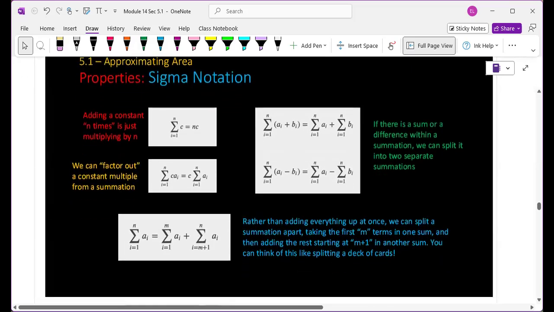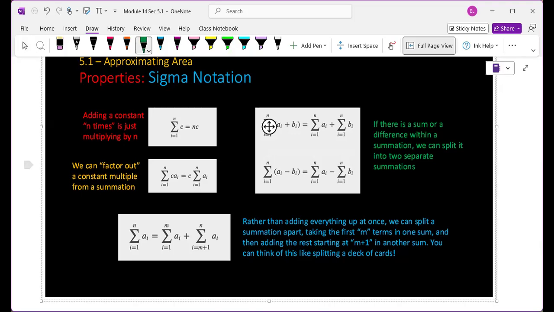All right. So sigma notation carries a lot of the same properties that we saw with derivatives. When there is a constant multiple, we can factor that out. If we are adding terms, we can split the sigma across sums. We can also split it across subtraction.